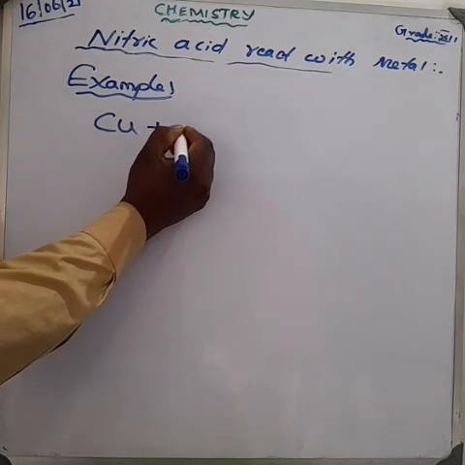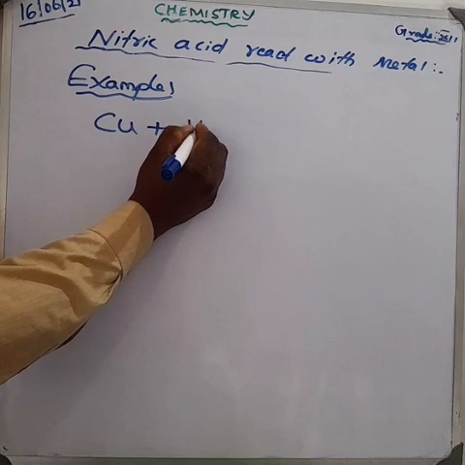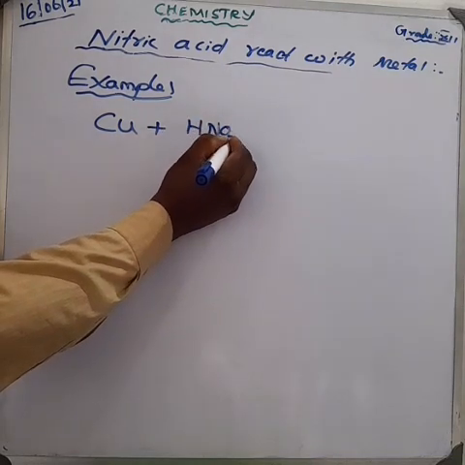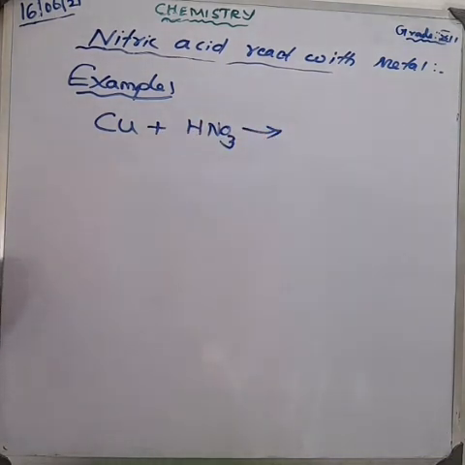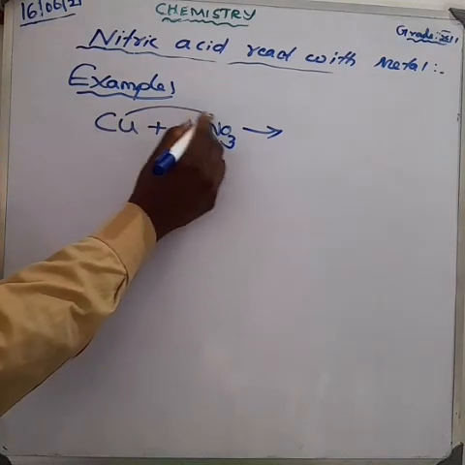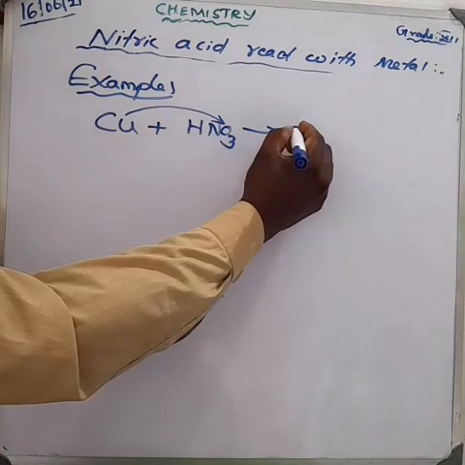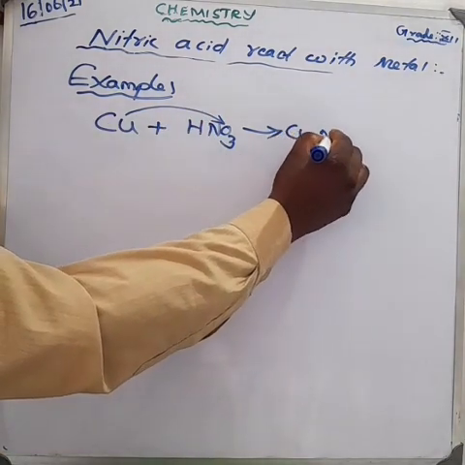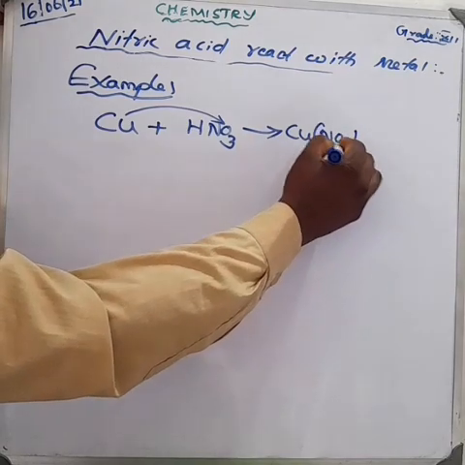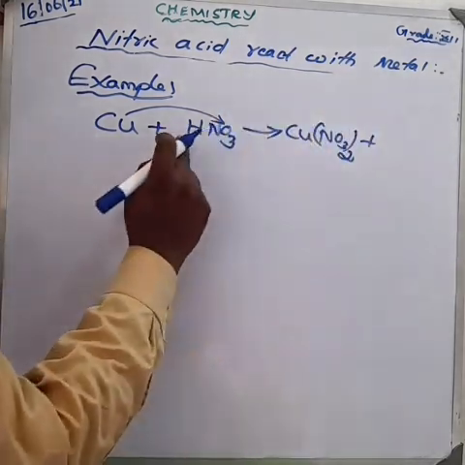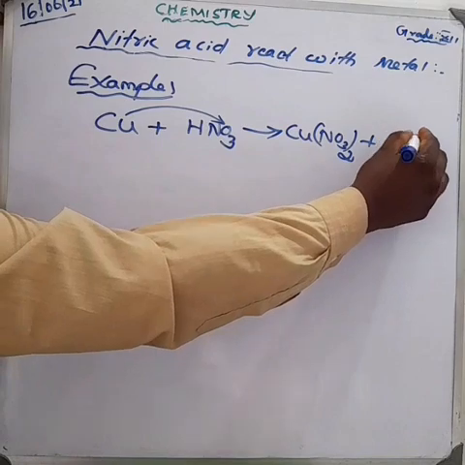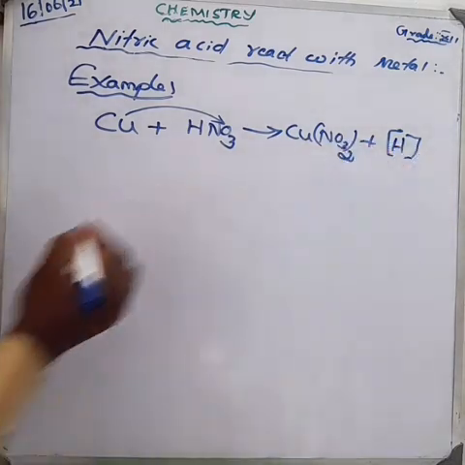Copper reacts with nitric acid, HNO3. We get copper nitrate. What is the formula of copper nitrate? Cu(NO3)2 plus nascent hydrogen. Which hydrogen? Nascent hydrogen.